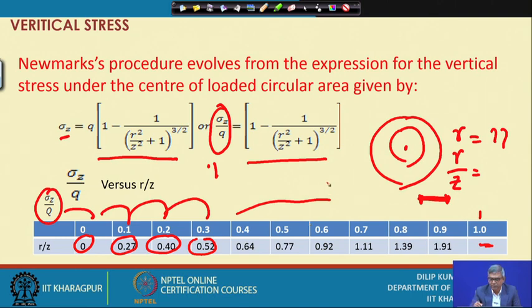That means at 2 meter depth, if I want to get 10% of the surface load, then the circular area to be loaded at the surface will have some radius, suppose r1. At the same depth, if I want a pressure of 20%, then the circular area loaded will be different, suppose r2.